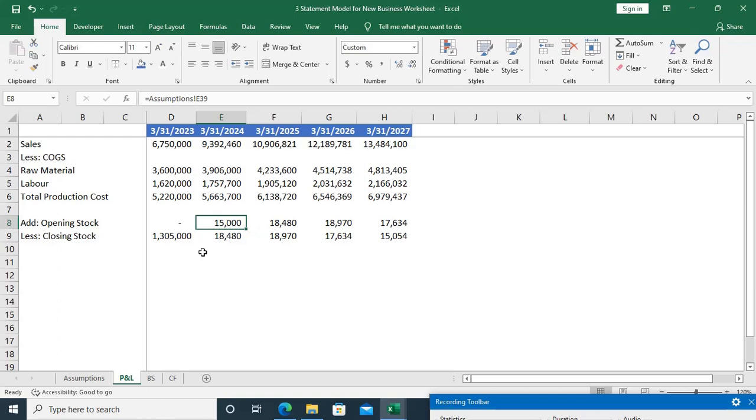And for the opening stock part, this will be the opening stock, no doubt. But what about this closing stock? Then this closing stock would contain the value of this thing. Now, how much quantity was produced in this particular year, we have to check, and accordingly do the calculations.